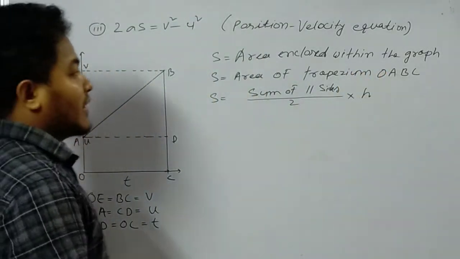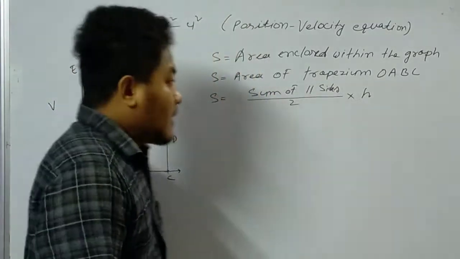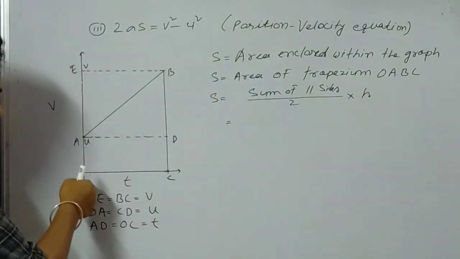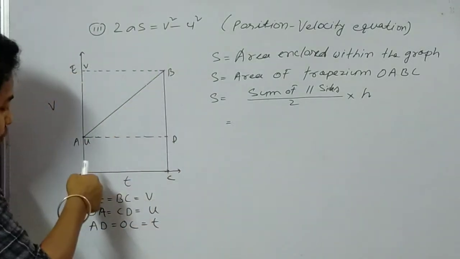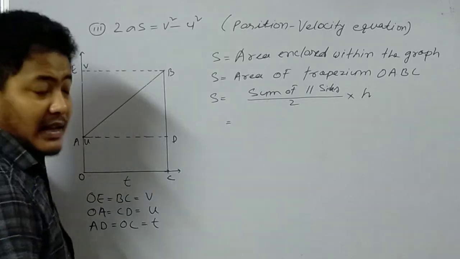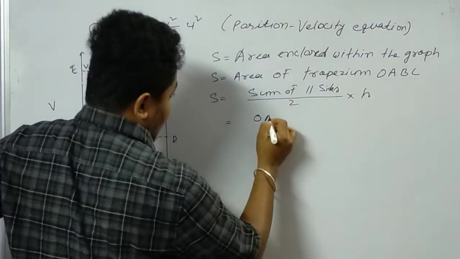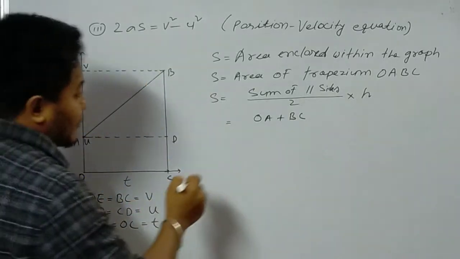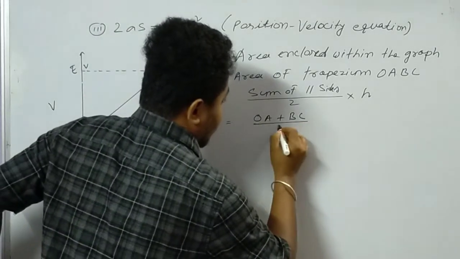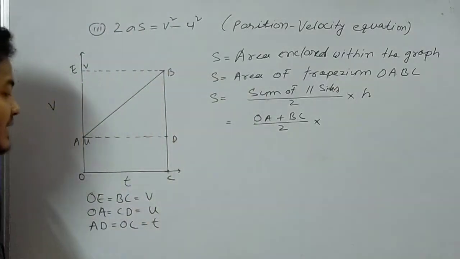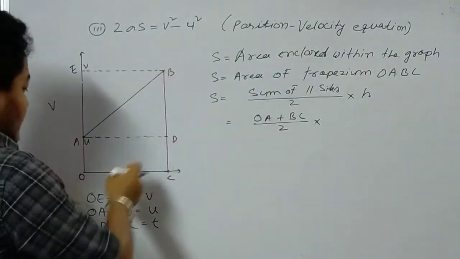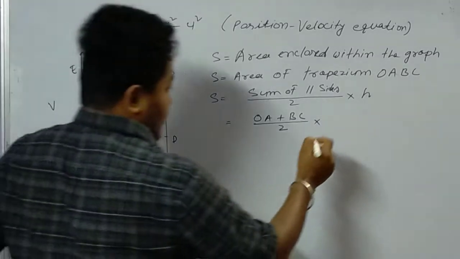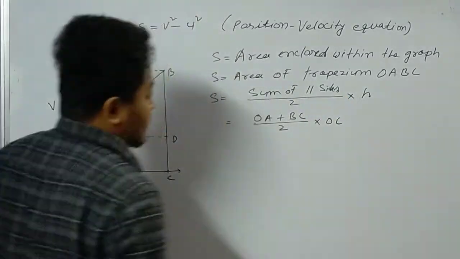This is the formula to find the area of a trapezium. In OABC, OA and BC are the two parallel sides, so I will write OA plus BC divided by 2 into height. In this case, the height of the trapezium will be OC.